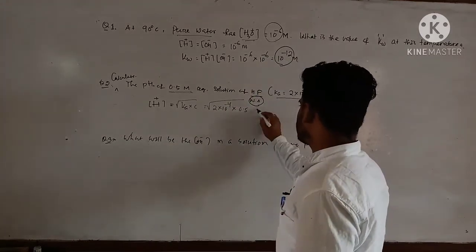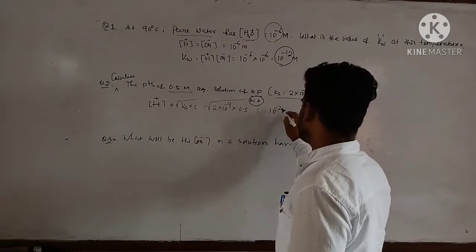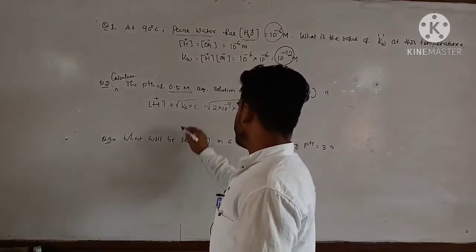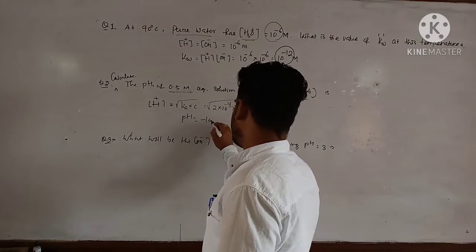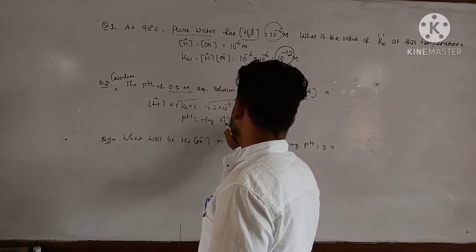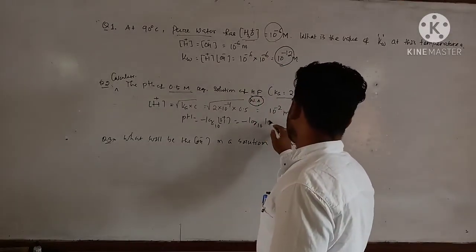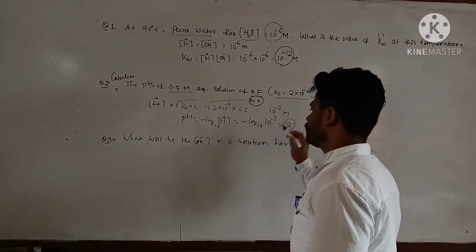That clear? So that will be equal to 10 to the power minus 2 M. Just calculate it. Next, pH is the negative logarithm of hydrogen ion concentration, minus log 10 to the power minus 2, that is 2. Clear?